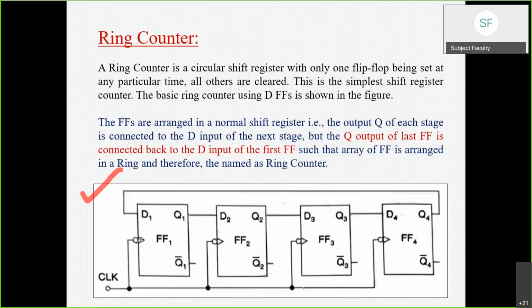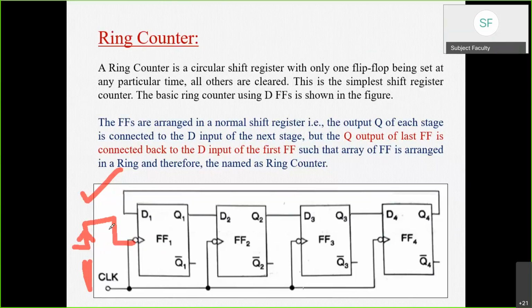You can use positive edge trigger here as well. What will be the difference? The difference will be only that the output of the flip-flop will change its state at the positive going edge. Right? If you are using negative edge trigger, that means the output of the flip-flop will change at the negative clock edge. This is your clock, right? So if you are using positive edge trigger, the output will change at this particular moment.